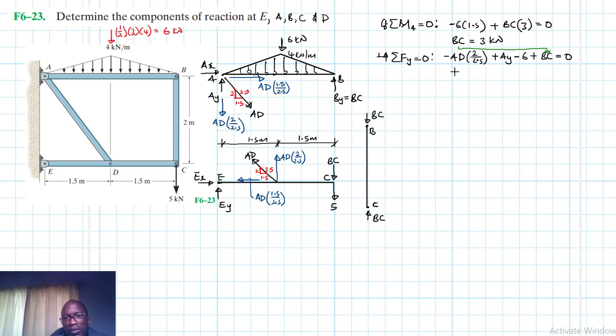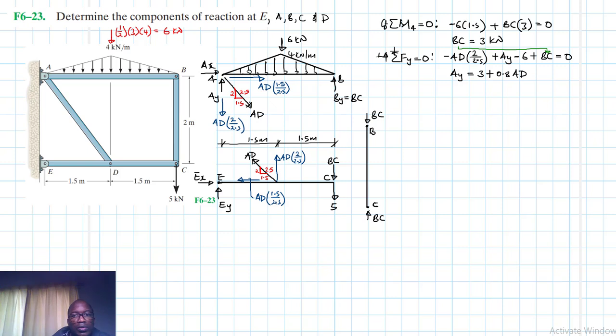And once we do so, then we'll find that our AY is just going to be equal to, minus 6 plus 3, which is a minus, so this becomes a 3 plus 2 divided by 2.5, which is 0.8 AD. Alright, so that is our AY. So let's find what AD is.